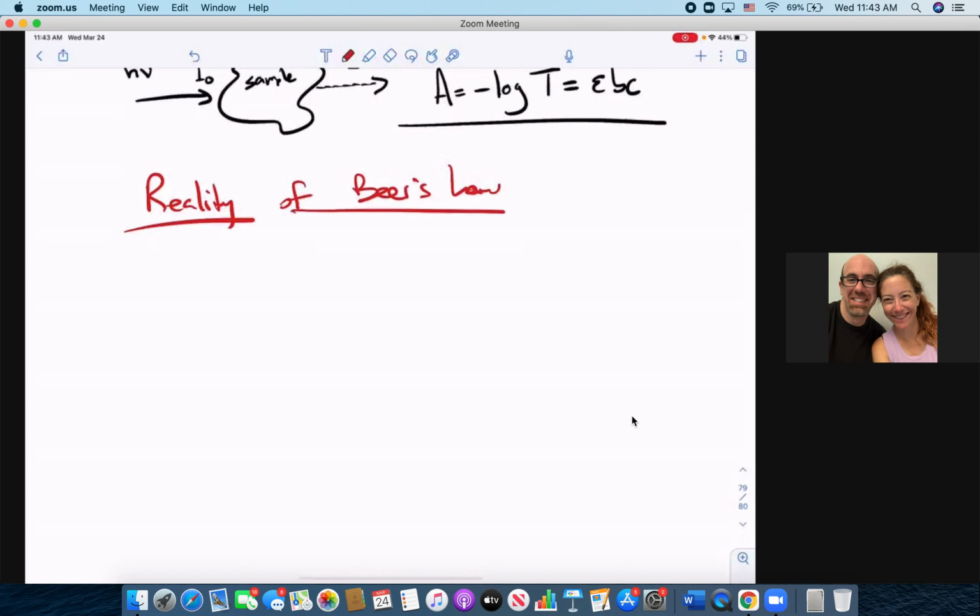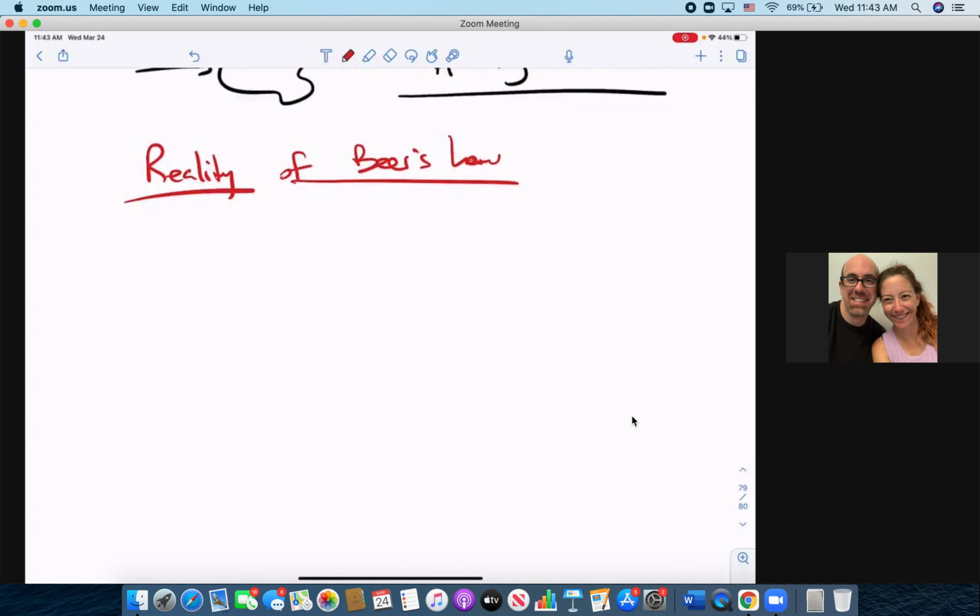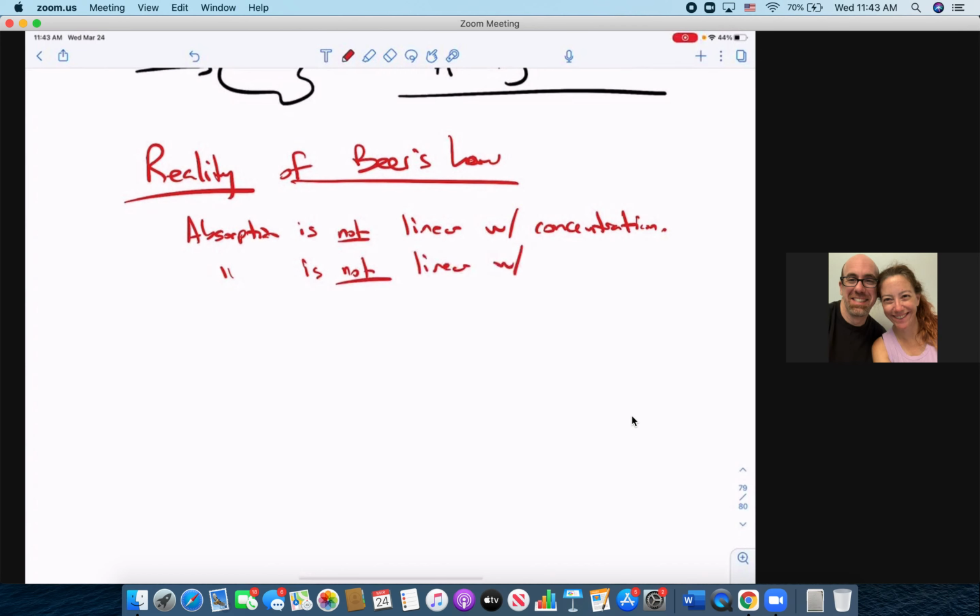So the reality of Beer's law is the following. Absorption is not linear with concentration. Absorption is not linear with path length.